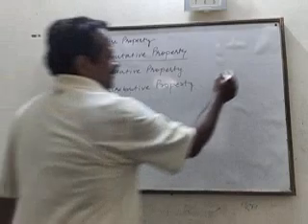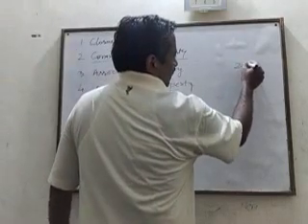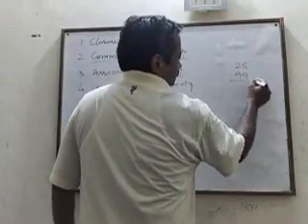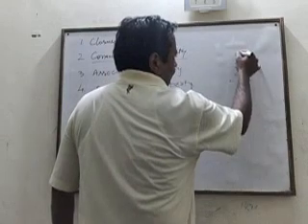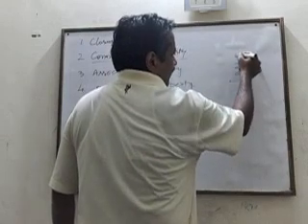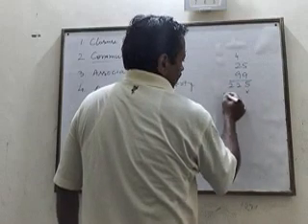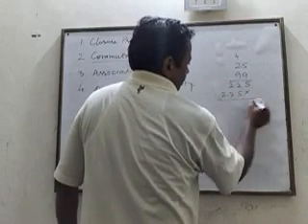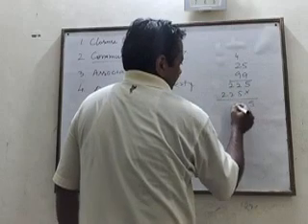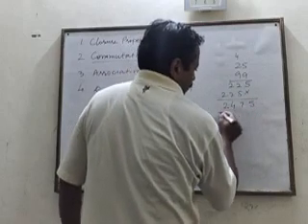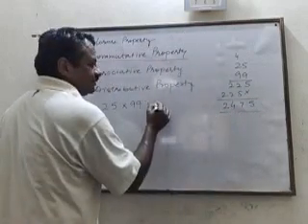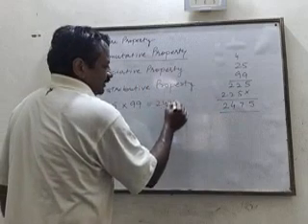So 25 multiply by 99: 9 5s are 45, 4 carried; 9 2s are 18, 18 plus 4 is 22; again 225, 5, 7, 4, 2. So you are getting the answer 2475.